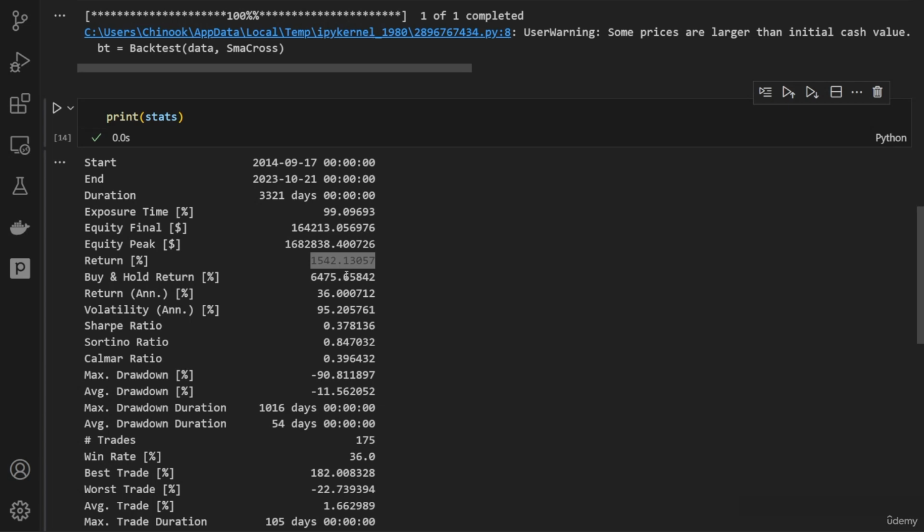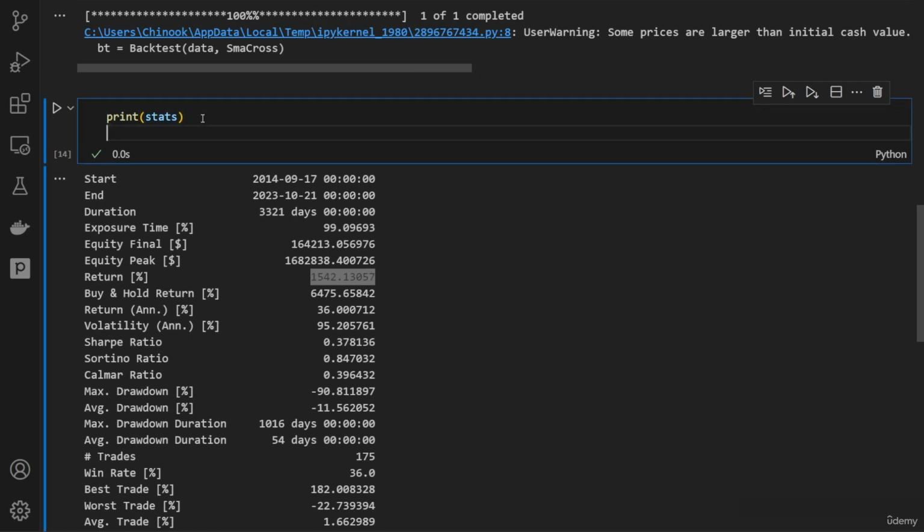But we can also extract the series of trades made by the backtesting package for further analysis. For example, instead of this, I'm going to print stats underscore trades, and this should be between quotes, single quotes would work.